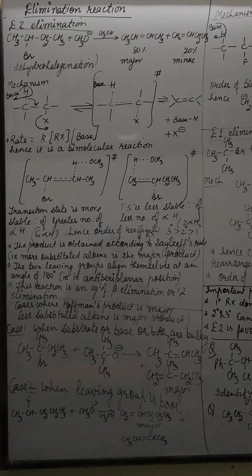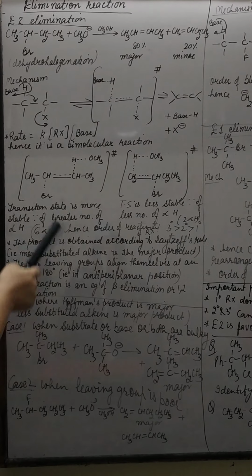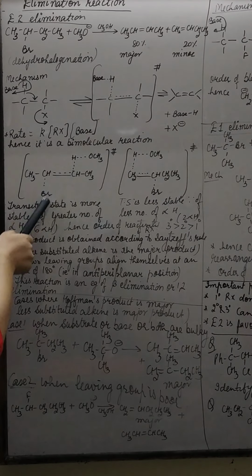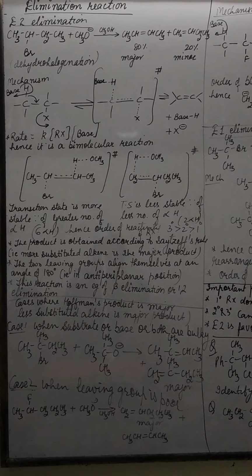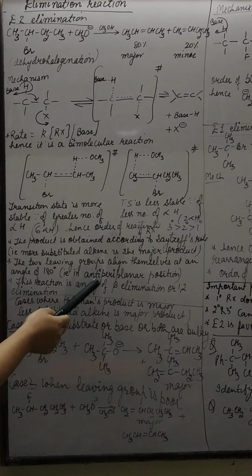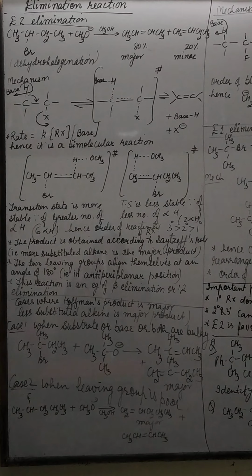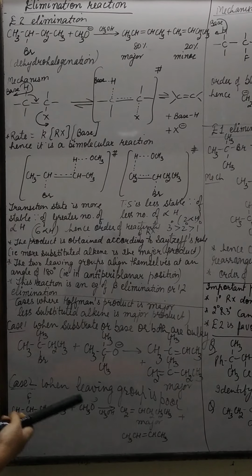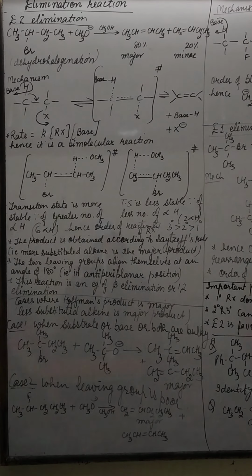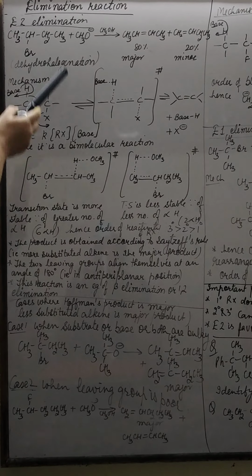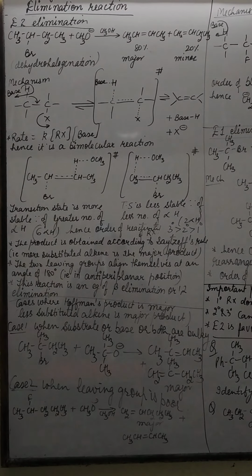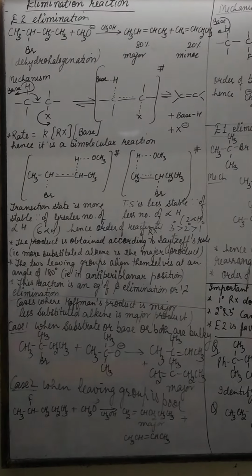Because negative charges repel each other, they would be most stable when they have an angle of 180 degrees. So this reaction is an example of beta elimination, alpha beta elimination, or simply beta elimination, or 1,2 elimination, as the hydrogen and halogen are removed from adjacent carbon atoms.